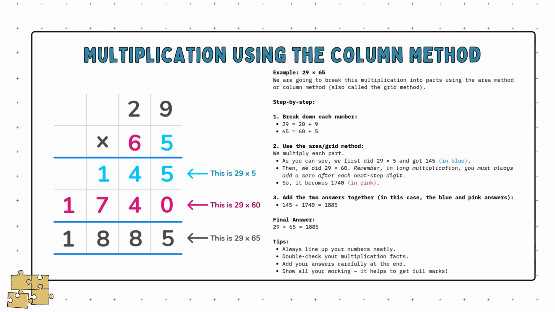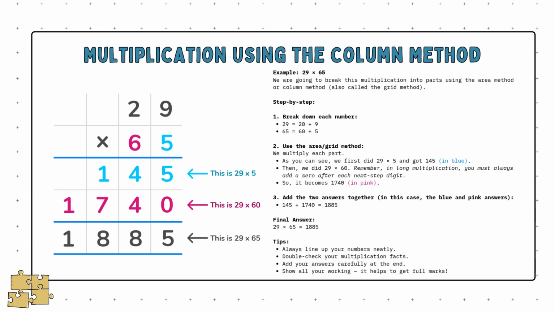Step 3, add everything together. So we take our two answers, 145 from the 29 times 5, and the 1740 from the 29 times 60, and now we add them together. 145 plus 1740 gives us 1885.